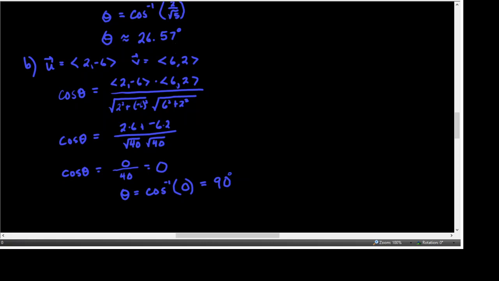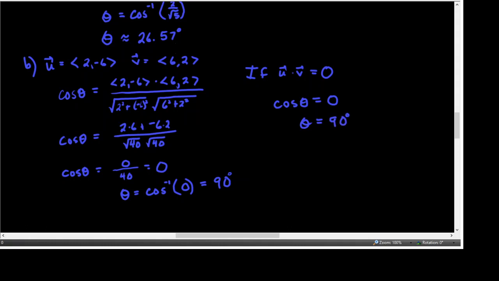And by the way, this is a special result I'd like for you to pay attention to. Those two vectors are at a right angle, and we could have told that. I didn't actually have to do the magnitudes here, and if you see in the long term, that's not really important. If the dot product of U and V is 0, then this formula will become cosine of theta equals 0, and theta will be 90 degrees.